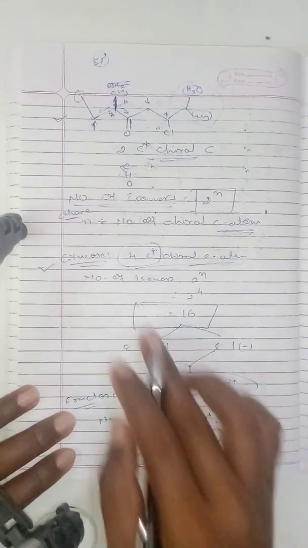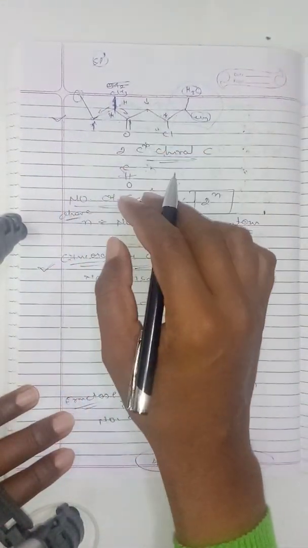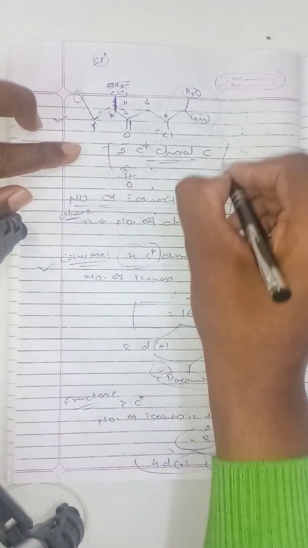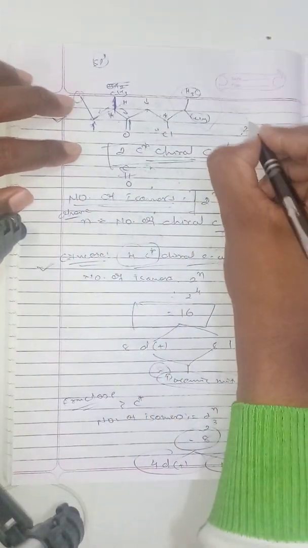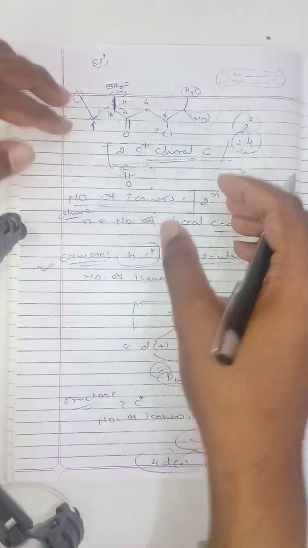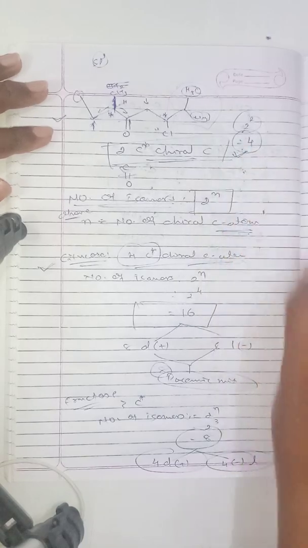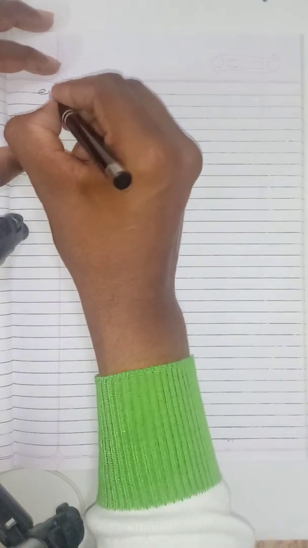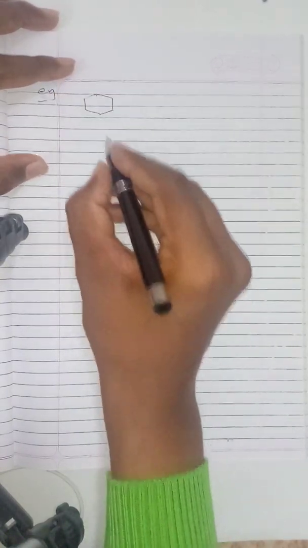Okay, suppose in this molecule, how many isomers are formed? So 2 raised to 2 is equal to 4. 4 isomers are present in this molecule. Let's see a cyclic compound.